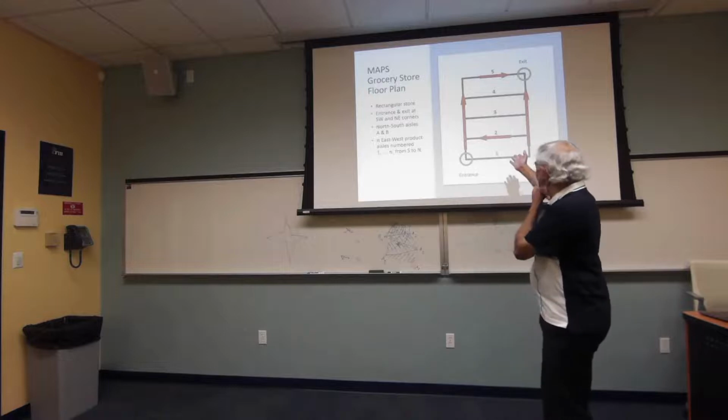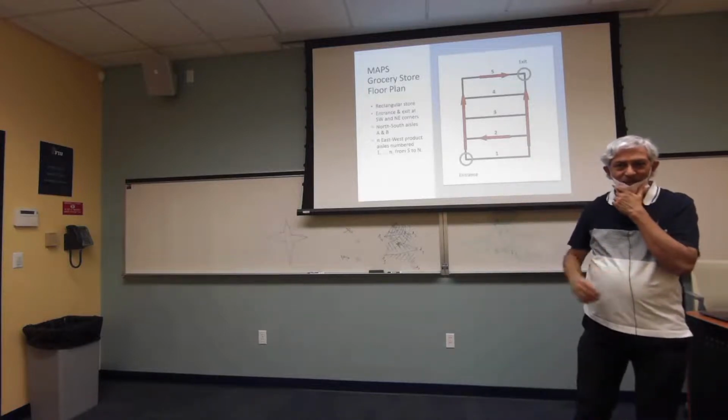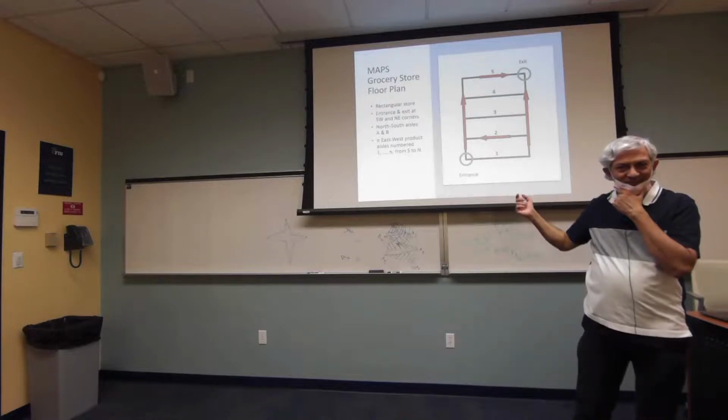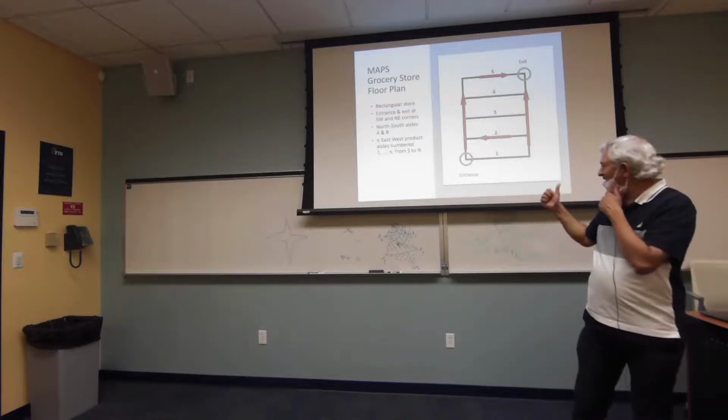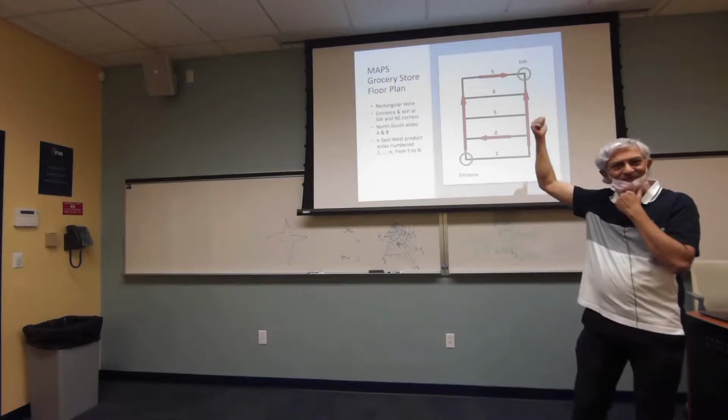And over here, it should be pretty easy, right? What would you do to aisle 1? Go this way, then 2 that way, 3 this way, 4 that way, and then out from 5, right?